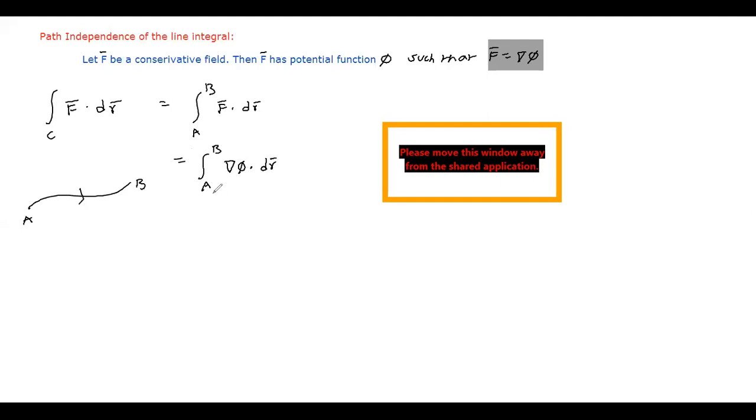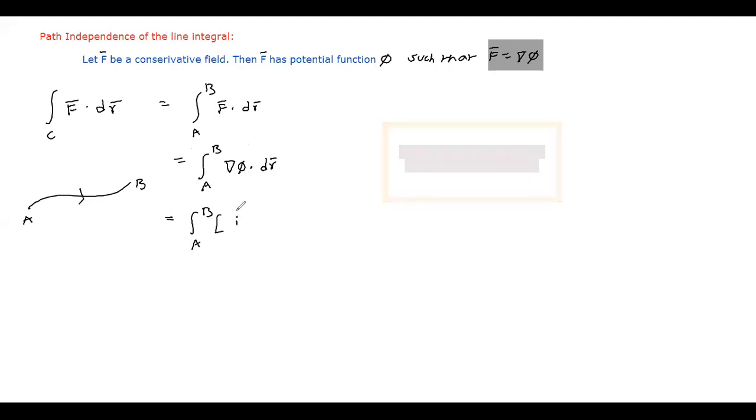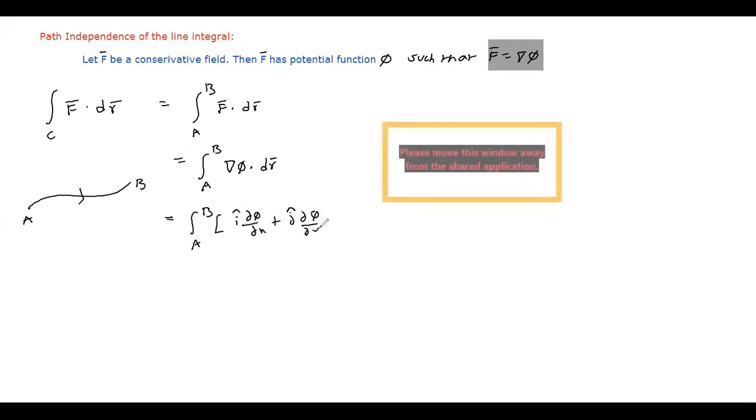Listen carefully. I replace F bar with del phi. But what is the definition of del phi? Del phi is nothing but the gradient of phi, no? Del phi is i dou phi by dou x plus j dou phi by dou y plus k dou phi by dou z, dot product with dr bar. And r bar is x i bar plus y j bar plus z k bar.